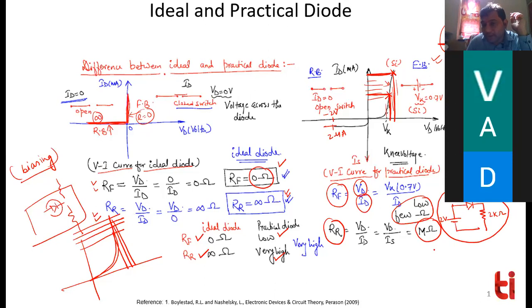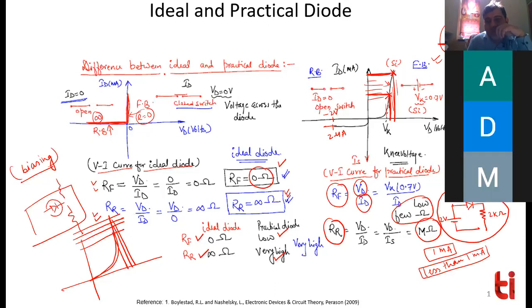Sorry, 1 milliampere. Okay, less than 1 milliampere. And what about the voltage? So the voltage is 0.7.